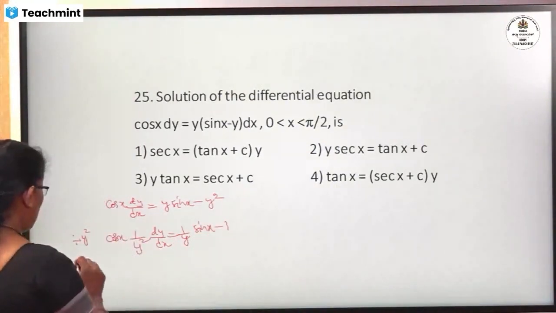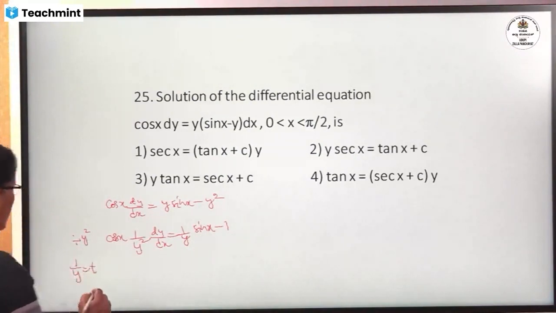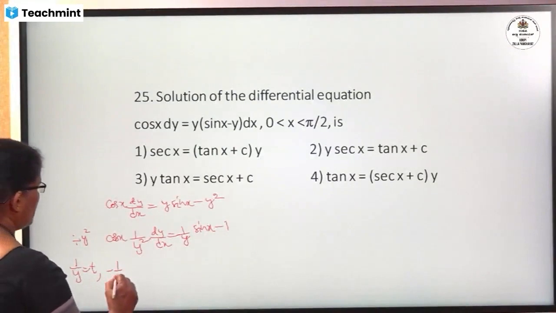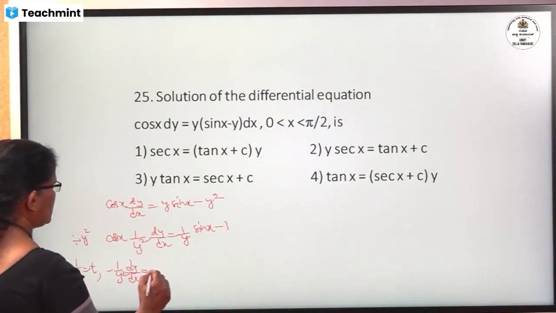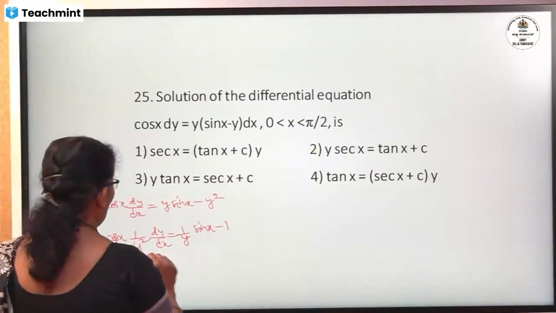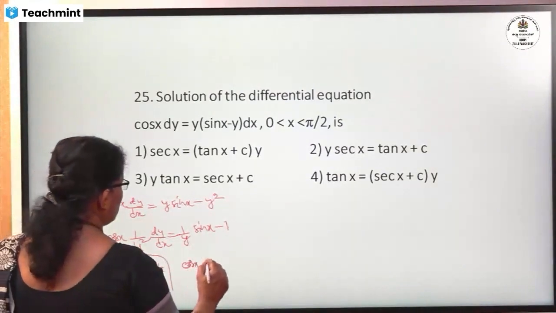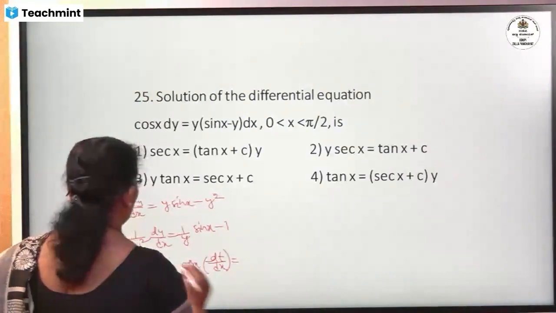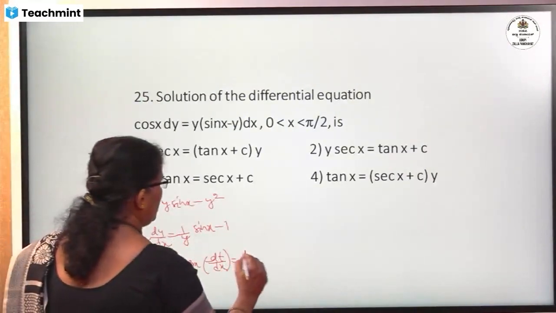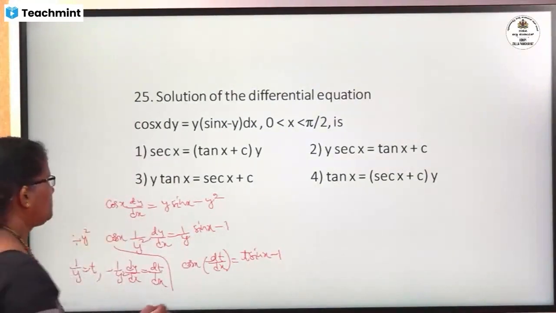Now I will substitute 1 by y as t. Then what will be the derivative? Minus 1 by y squared dy by dx will be dt by dx. So this equation becomes cos x into minus dt by dx equal to 1 by y, that is t, sin x minus 1.